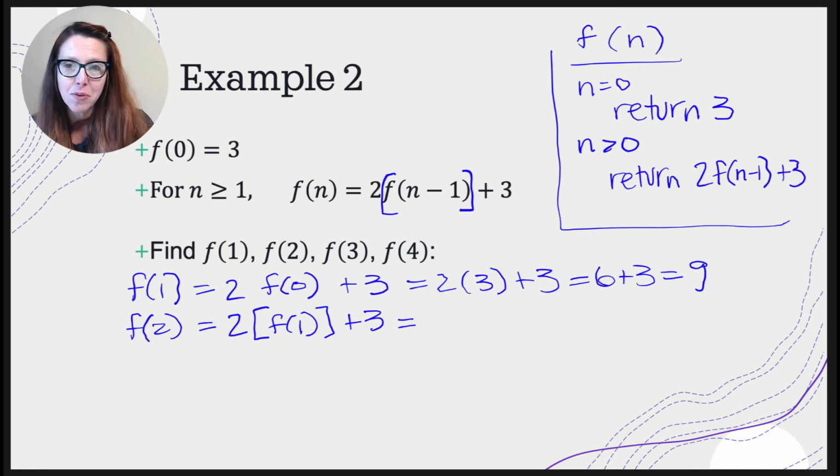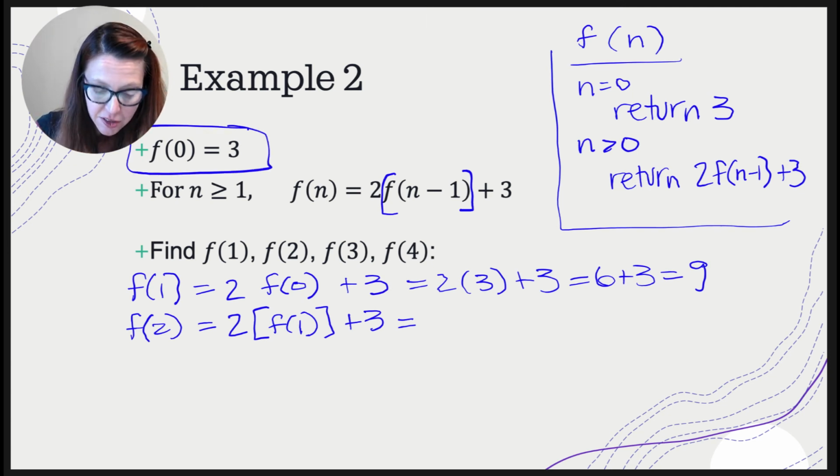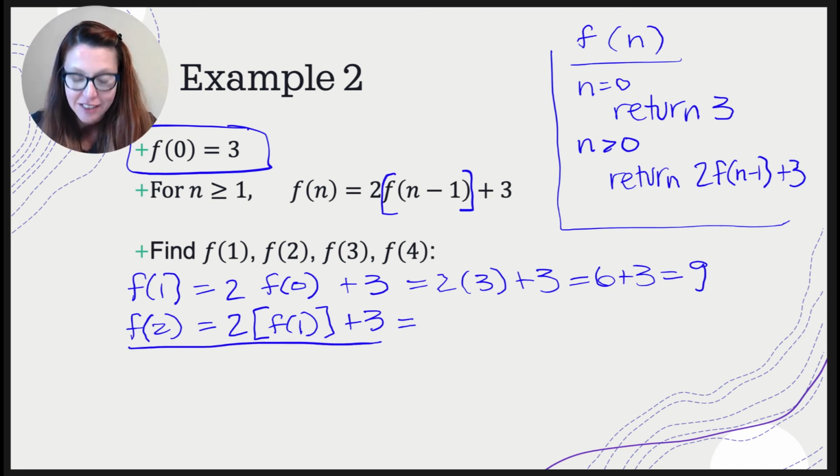And that's the important point here, is that actually what happens is we keep calling this repetitively until we get down to our base case, f of 0. And then we finally have a solid value that doesn't rely on any other information. And so what actually happens is we know that this is f of 2, that we could stick in a 9 for f of 1.